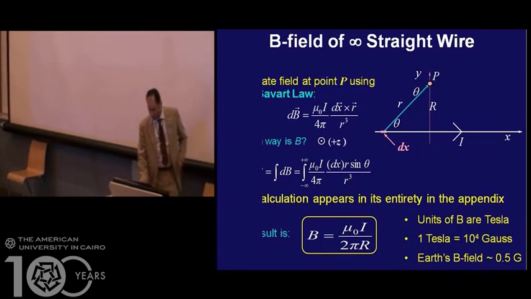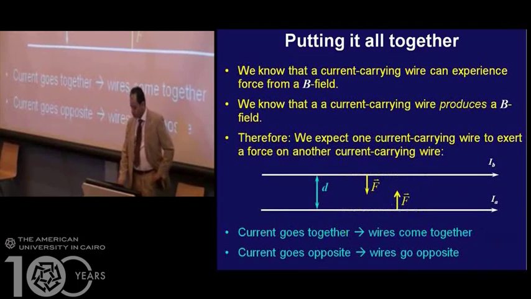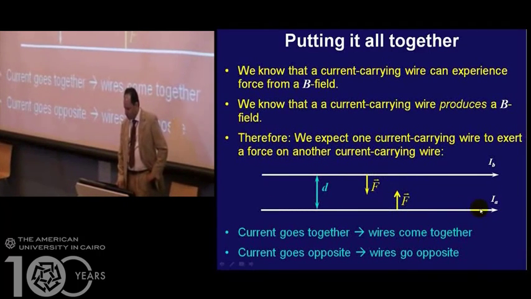So if you have two wires, and one of them carries a current IA, and the other one carries a current IB, there will be forces between them.